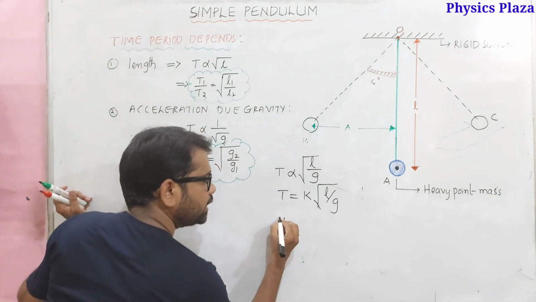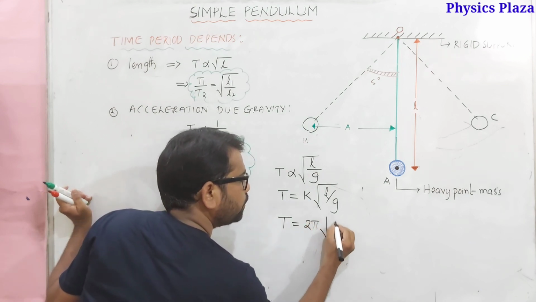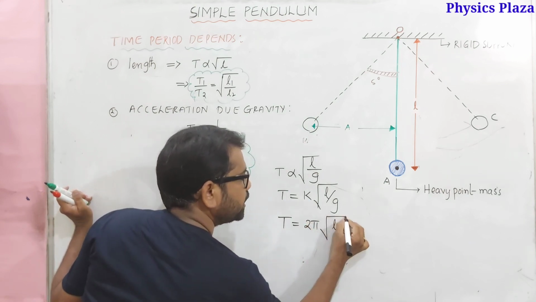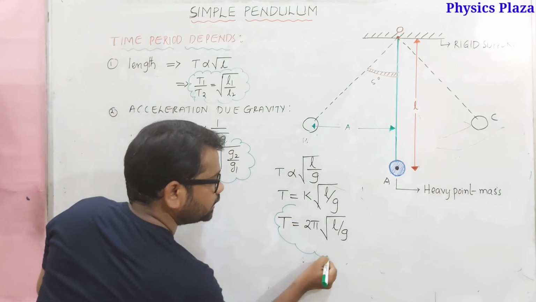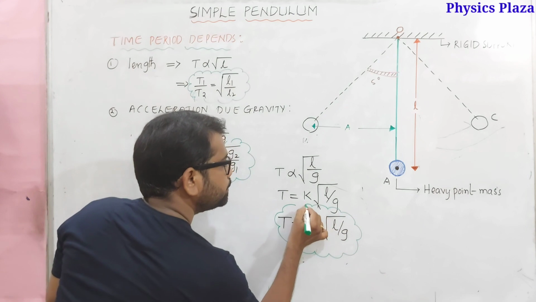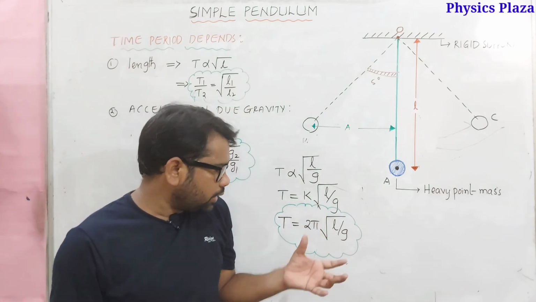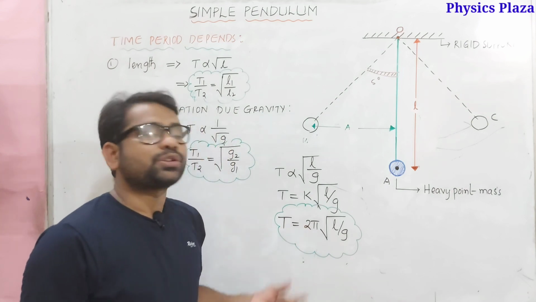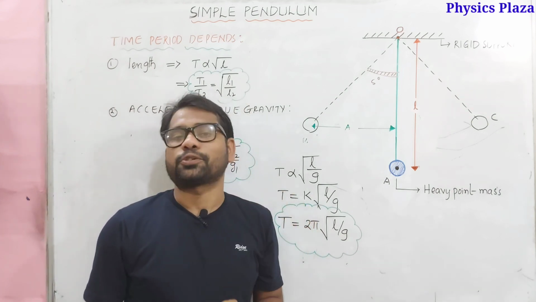So finally T is equal to 2 pi into square root of L by G. Children, this is the expression to calculate the time period of a simple pendulum. And from this equation only we can also calculate the acceleration due to gravity.